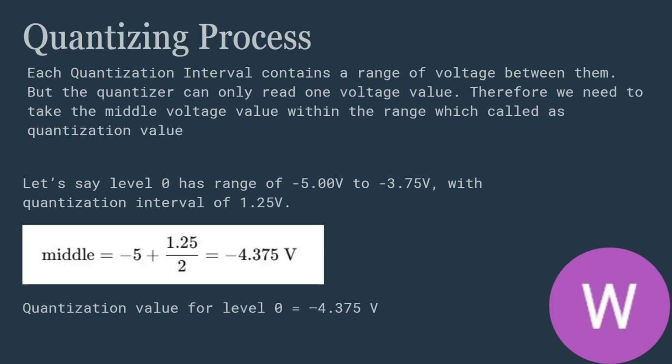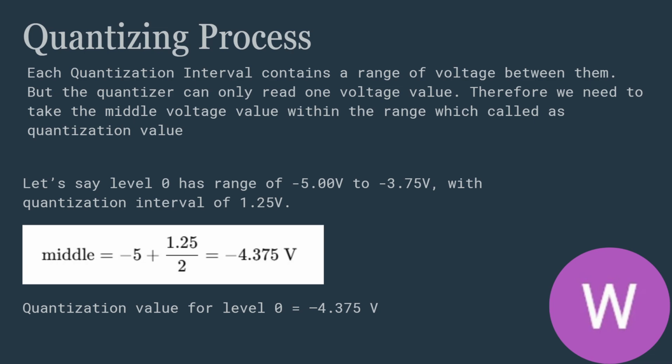So let's say now, like the previous example, level 0 has a range of negative 5 volt to negative 3.75 volt, with the quantization interval of 1.25. Now we want to find the quantization value at level 0.